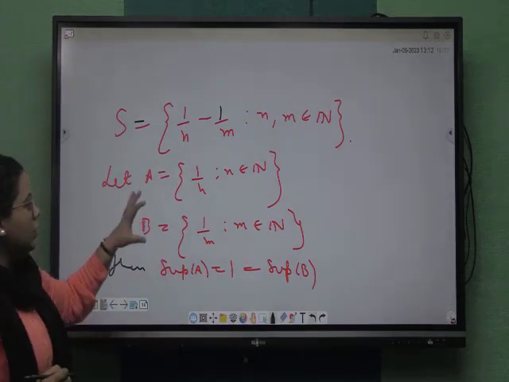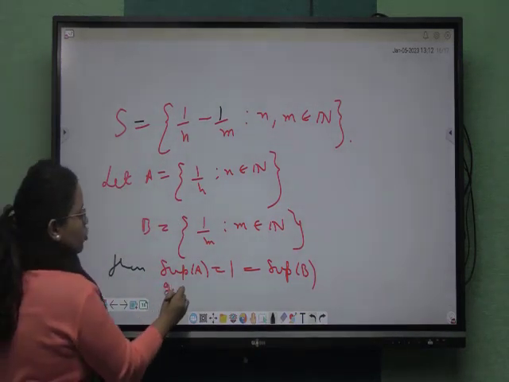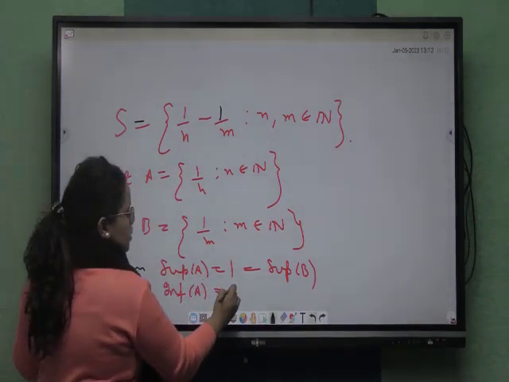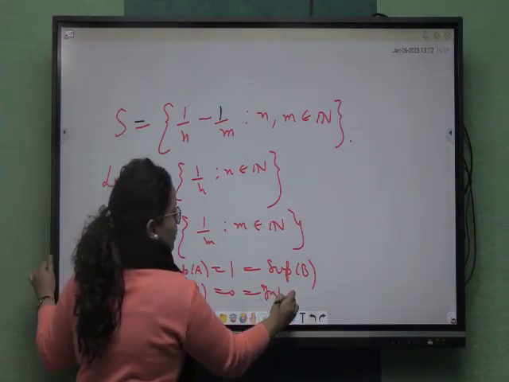And inf A, now we can do the infimum, so inf A is equal to 0 is equal to inf B.